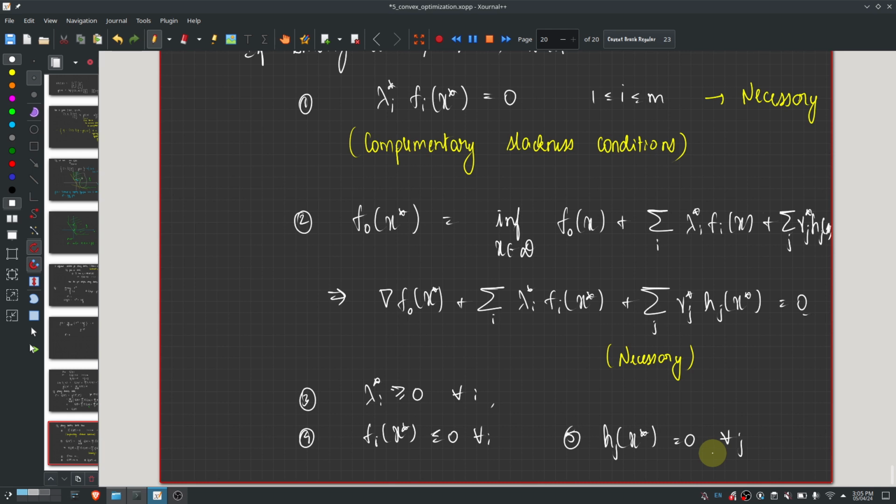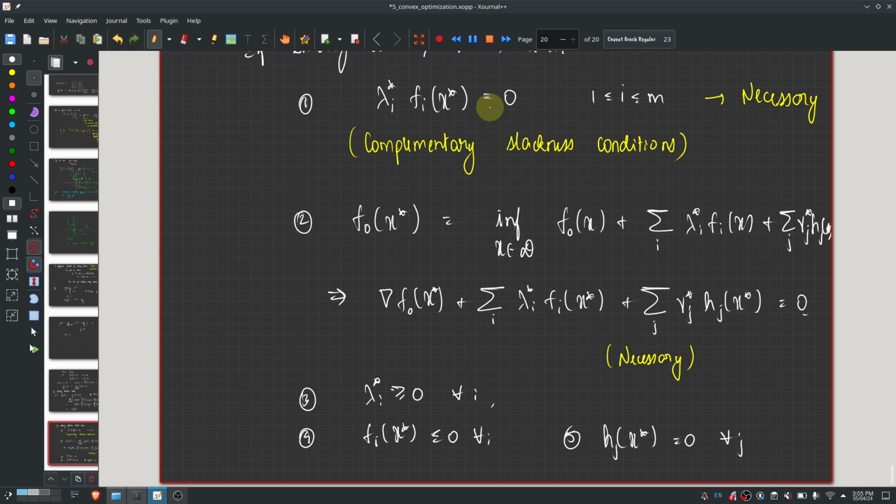Why can't you fix lambda to be 0? Because you can have problems wherein lambda I is non-zero. Which one? Okay, so lambda I times fi of x star is equal to 0, right? Anywhere we use it, we just get 0 there. Why don't we just eliminate it?